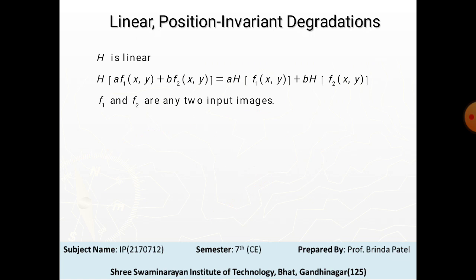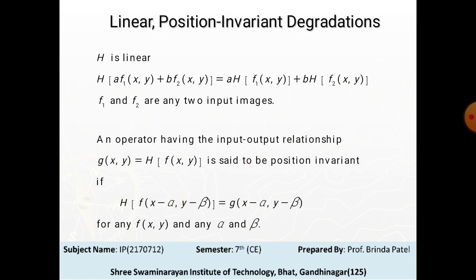Here H is linear if H of a f1 of x,y plus b f2 of x,y is equal to a H of f1 of x,y plus b H of f2 of x,y. Here a and b are scalars, and f1 of x,y and f2 of x,y are the input images.